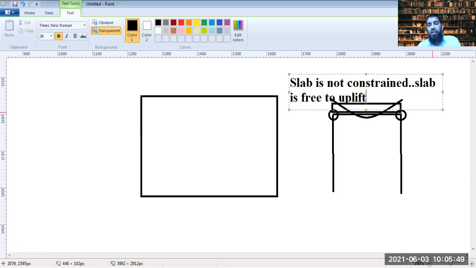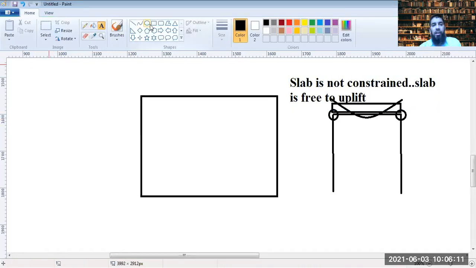Similarly, it could be a case when you have no wall over the slab, and it's not a beam column arrangement, it's a load bearing structure. In that structure which is load bearing, there is a wall underneath it, and there is a slab then over it.